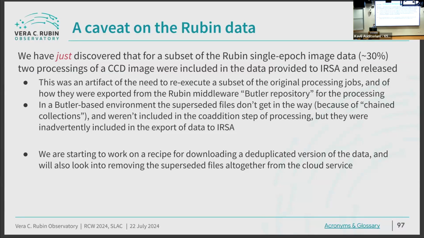It was an artifact because some of the original processings partially failed and had to be rerun, and both the first and second versions were in the Butler repository, if you're familiar with the Rubin middleware, and the whole repository was exported. If you're using a Butler to access it, you don't notice this because the Butler takes care of superseding things, but it was revealed when doing the export. So we're starting to work on a recipe for downloading a deduplicated version of the data, and we will also look into removing the superseded files altogether from the cloud service.